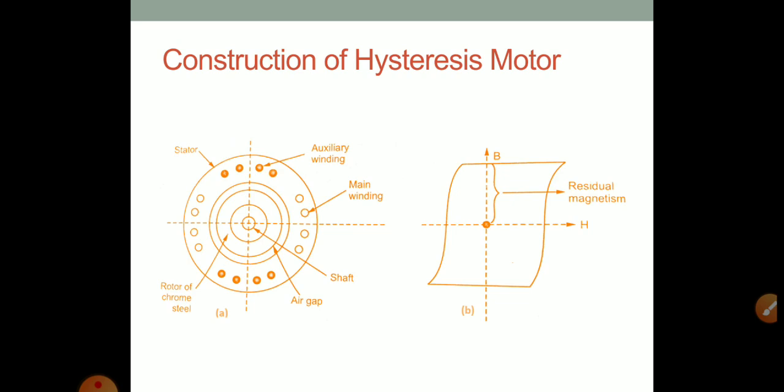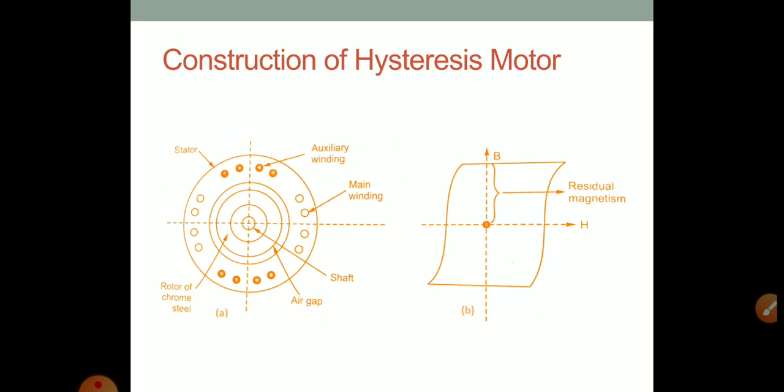and noiseless operation. The rotor is made up of material such as cobalt steel, or it is made up of iron. Now see the second diagram B, which shows the hysteresis loop, or you can say the BH curve.